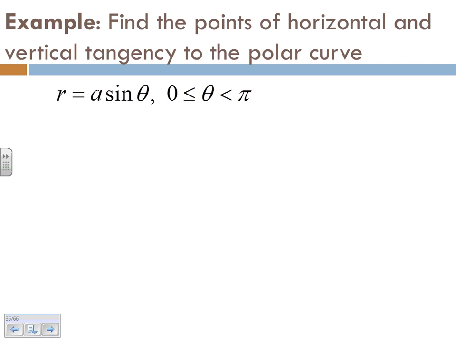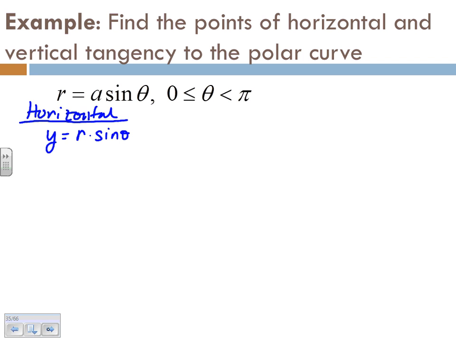Which one do you want to do first? Vertical or horizontal? Horizontal. Horizontal, what do I first start with? X or Y? What does Y equal here? R times sine theta.